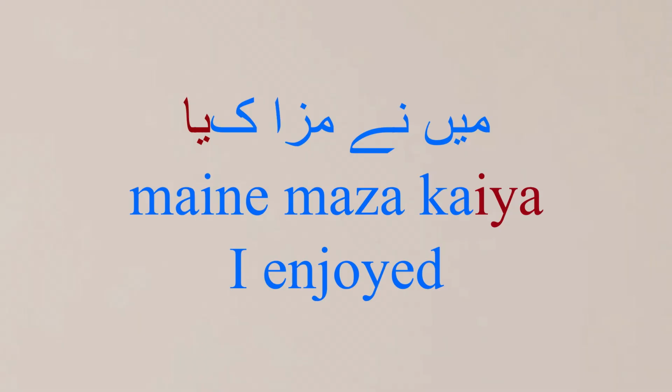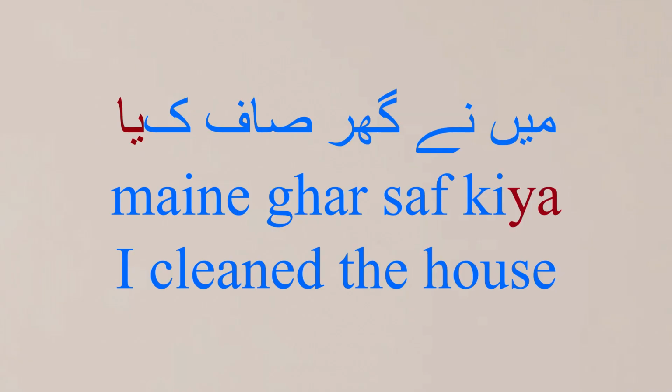So you do like this, and that's how you make a dua. मैंने मज़ा किया. मज़ा is having fun. मज़ा is fun. मैंने मज़ा किया. I did fun. It has an Arabic origin, I feel like. मैंने घर साफ किया. घर is masculine, so it's किया.